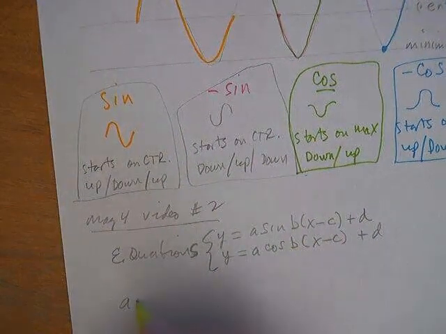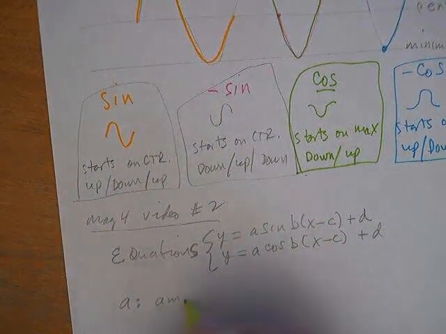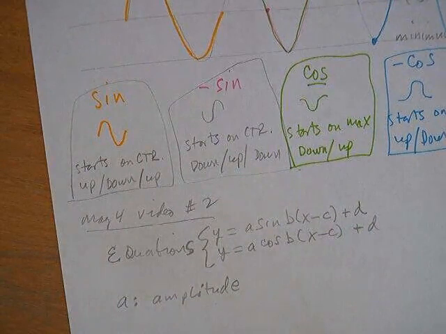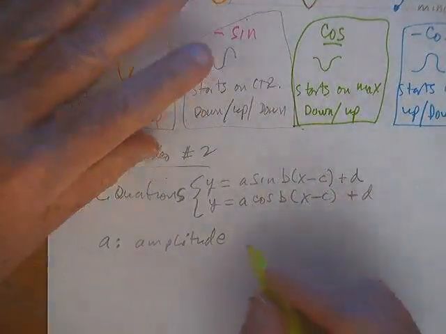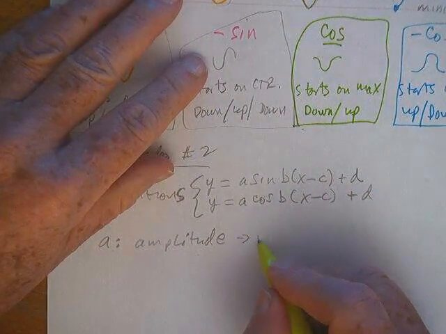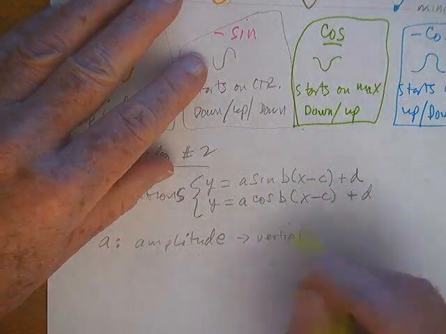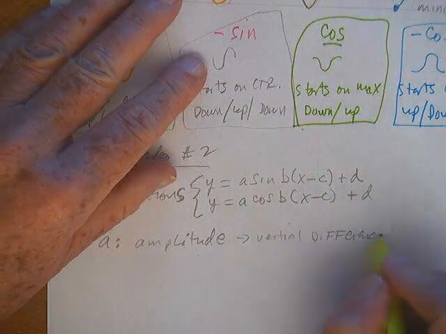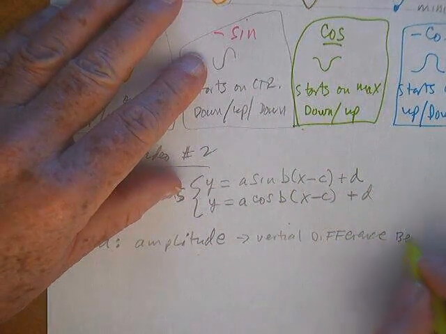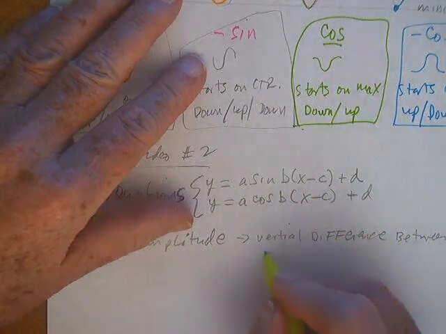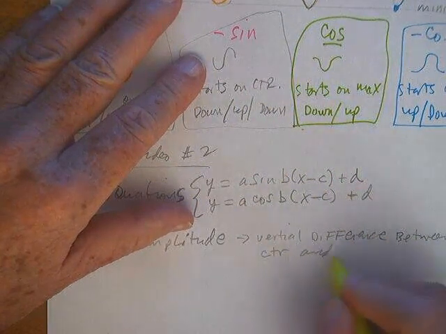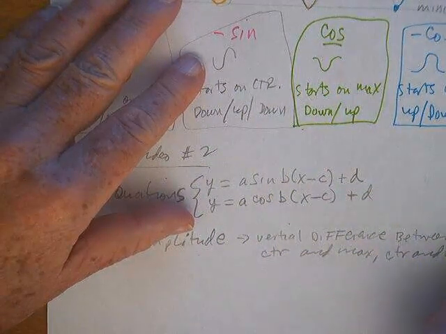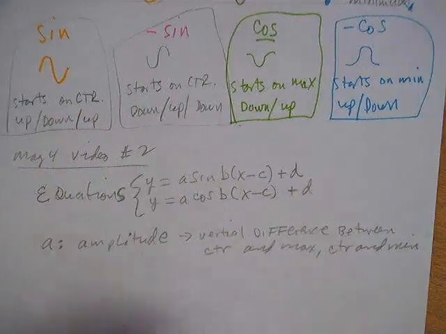Okay, so let's talk about A. It's called amplitude. Okay, and the amplitude is really the vertical difference between center and max, center and min.